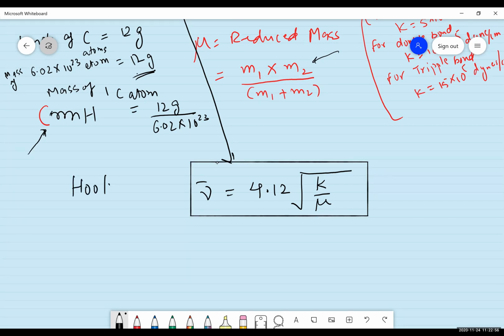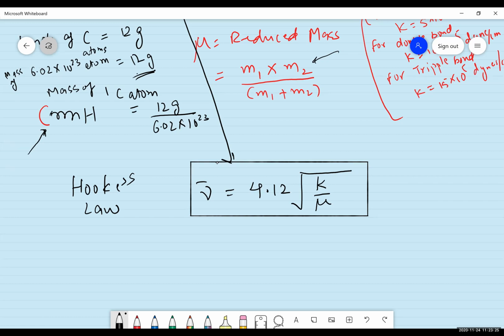This is the expression for Hooke's law, which you should memorize or remember. Any question about Hooke's law?